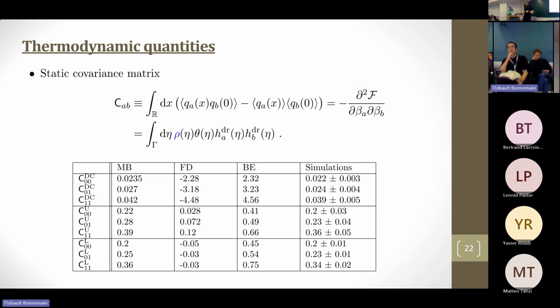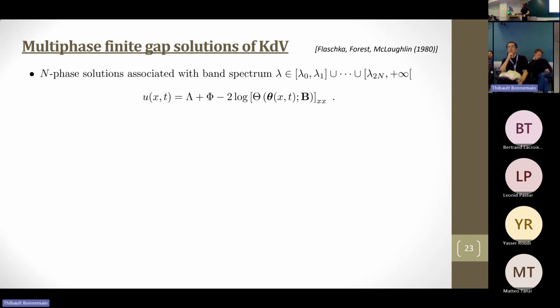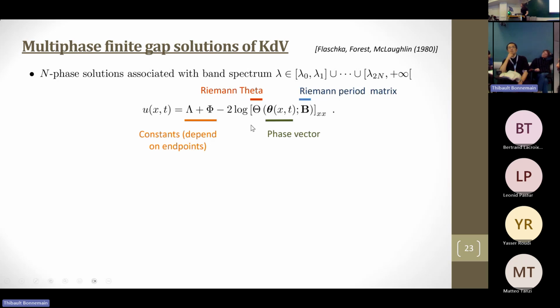Okay. Right. So it's been known for a while now that the n-phase solution of KdV, which is associated with a particular n-gap spectrum of the Lax operator, can be written in this way, where lambda and phi here are constants that depend on the endpoints of the band spectrum.